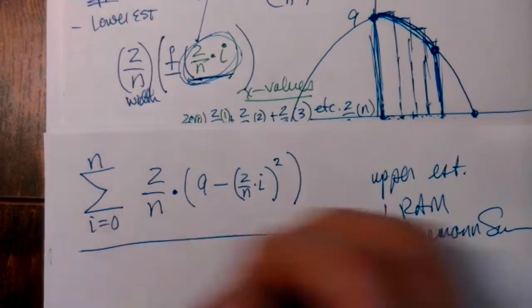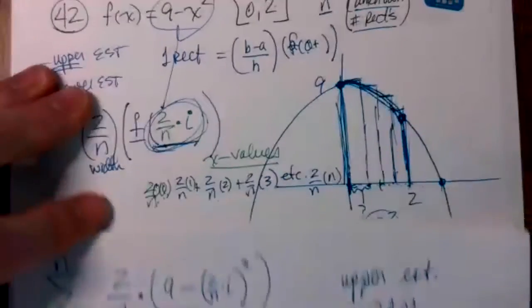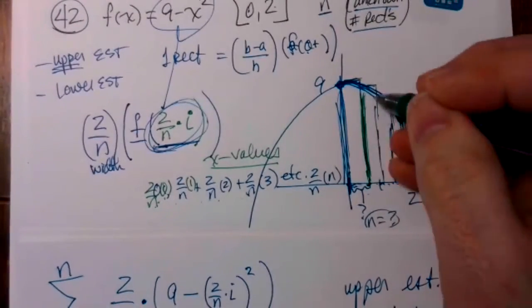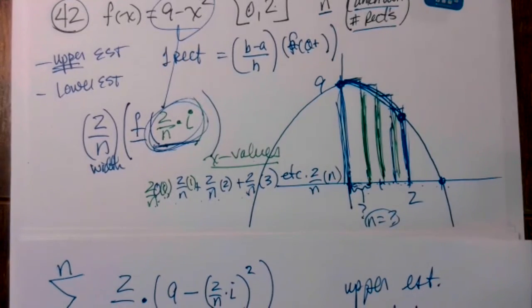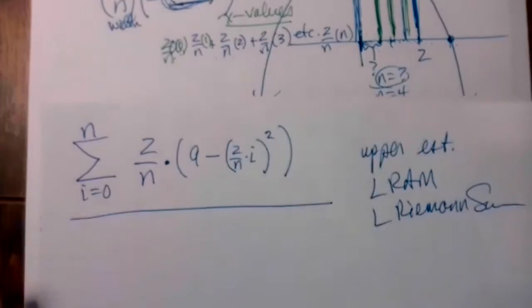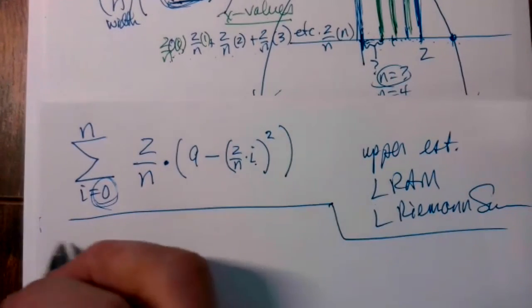How would it be different if I want the lower estimate? Well, the lower estimate starts on the right side of every one of these rectangles. So really, I just need to shift the whole thing 1 to the right. And the easiest way to shift this 1 to the right is to shift my starting point. So I start with 1.